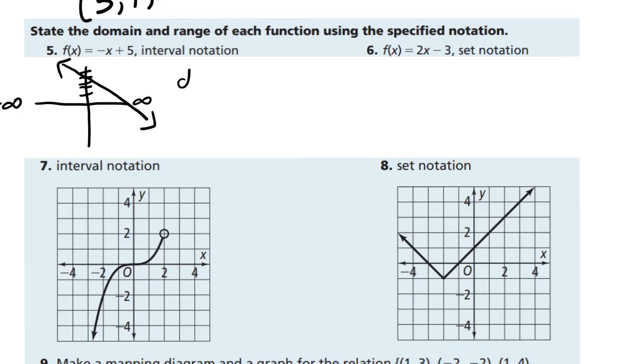So the domain will be all reals. The range goes from -infinity to +infinity, so the range will be all reals.